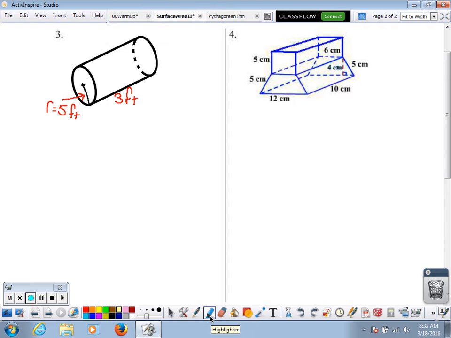What shape are the bases? They're circles. Exactly. Okay, so what we'll do is we'll take one of our color pencils and we'll shade in the circles. And then we'll take the other color and we'll outline those circles.